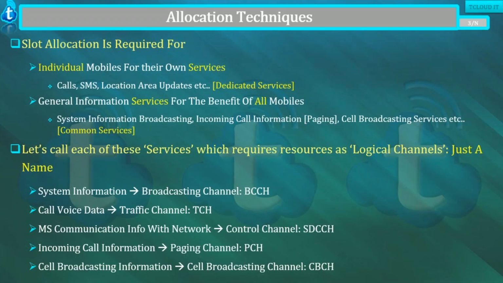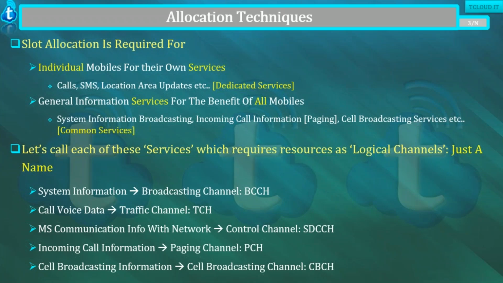Whatever data the mobile is going to generate or receive, they have classified the data into various kinds, and they have given a name to each kind of data. These are the names for each type of data that the mobile is either receiving or sending out.